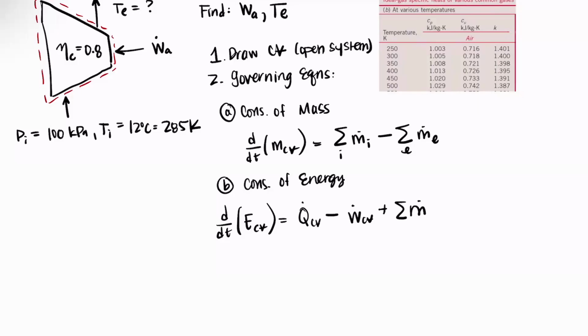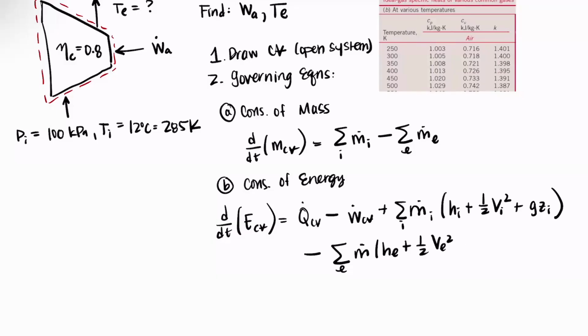So we have our inlet mass flow rates times enthalpy at the inlet plus kinetic energy at the inlet plus potential energy at the inlet. And then we're going to subtract out all of the mass energy flowing out with the mass. So we have exit enthalpy, exit kinetic energy, and exit potential energy.